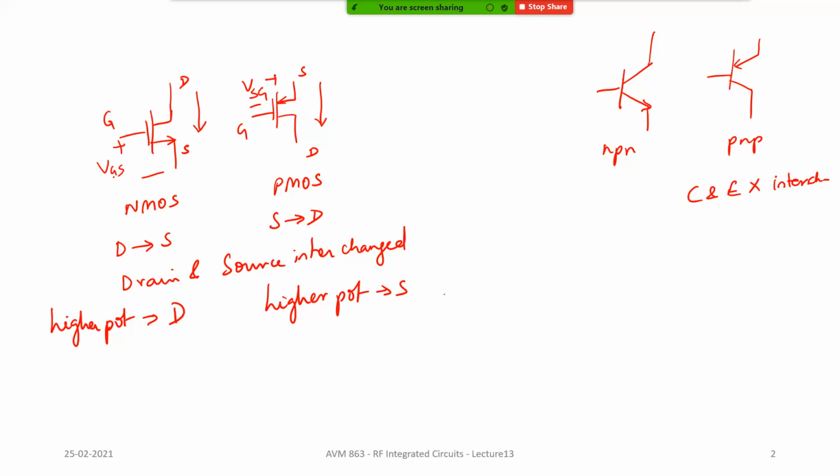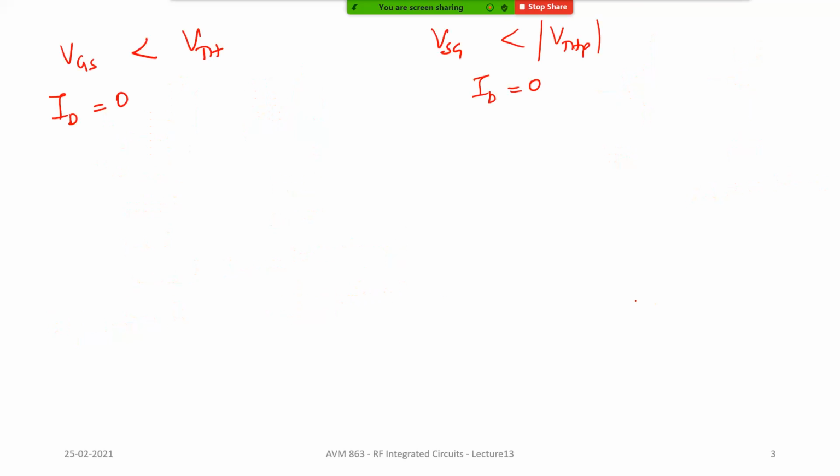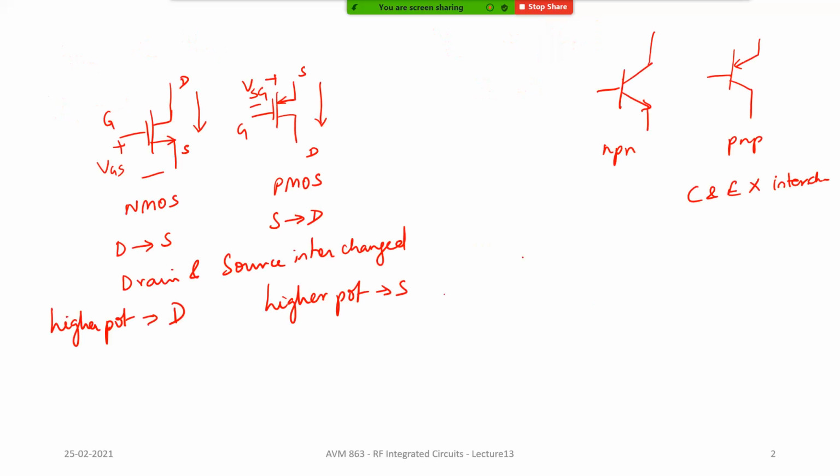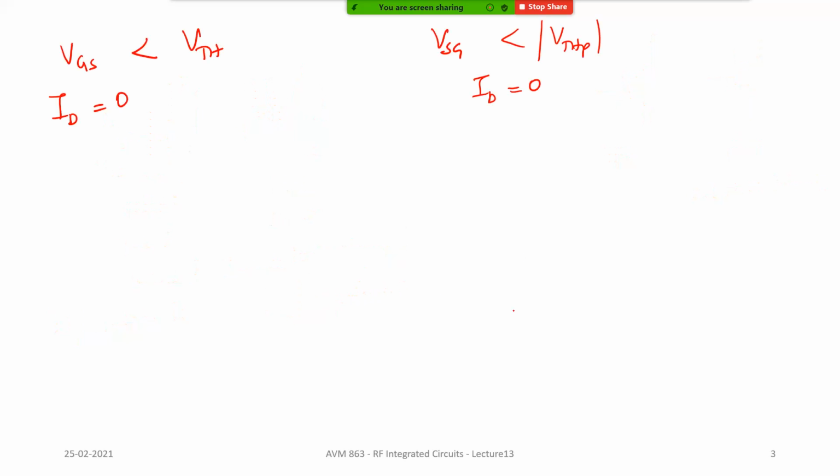Now in RFIC circuits, many times you'll use so much of NMOS devices, and only in some cases you'll use CMOS devices. But anyway, let me just cover it quickly so that you are very comfortable with these things. Typically, if you look at the PDK or the model file of any NMOS or PMOS, you will see that VTH is a positive value and VTHP is a negative value, which is why I have written modulus of VTHP.